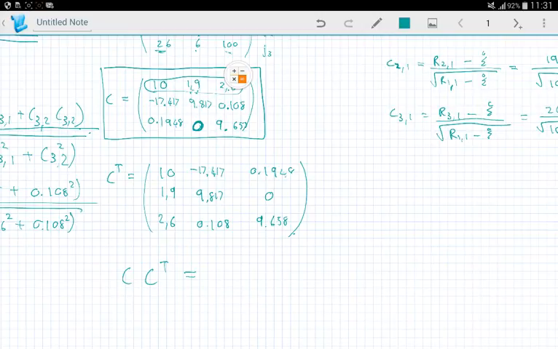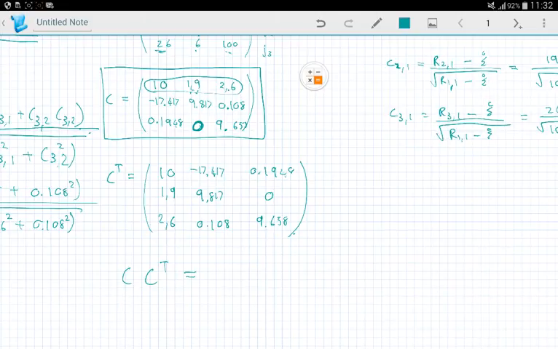10, 1.9, and 2.6, and negative 17.417, 9.817, 0.108 equals, 0.1948 equals 0 equals 9.658 equals.